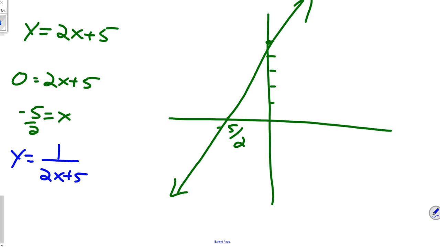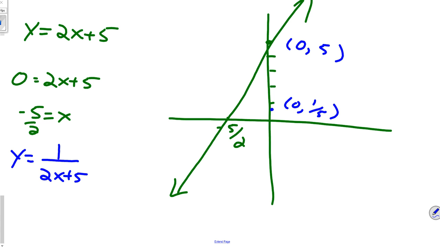So like this one here is at 0 and 5. So it takes all your y values and flips them. What's the reciprocal of 5? No. 1 over 5. So now it's down here. Okay?